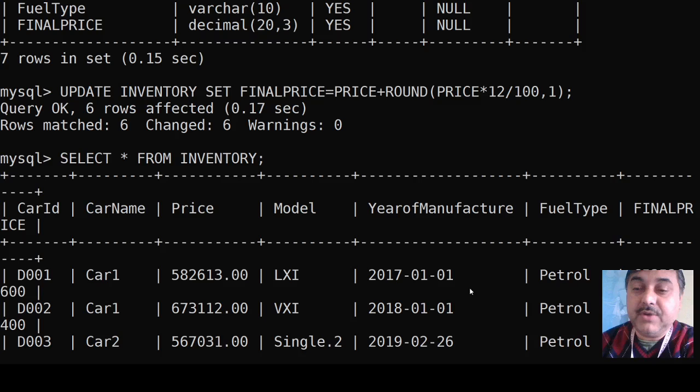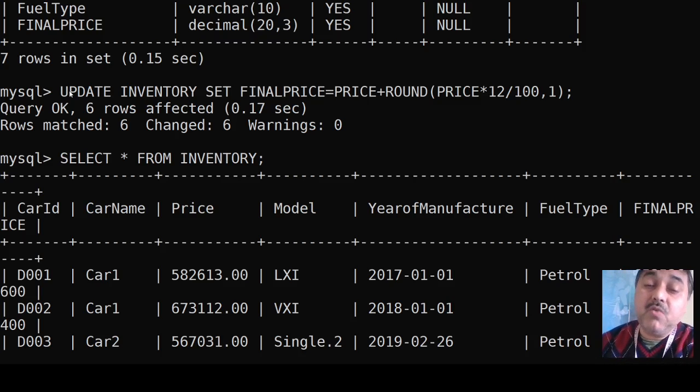Now comma 1 means it will round off up to one decimal place. After the decimal point, how many digits have we given? 3, isn't it? But it will not take those 3. It will implement only that particular portion, only one decimal place, and based on that, the value is calculated and implemented.